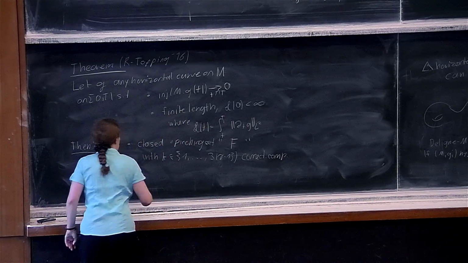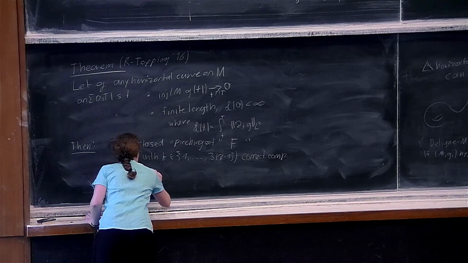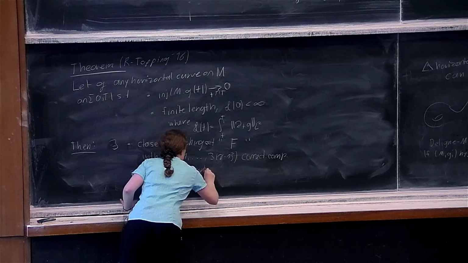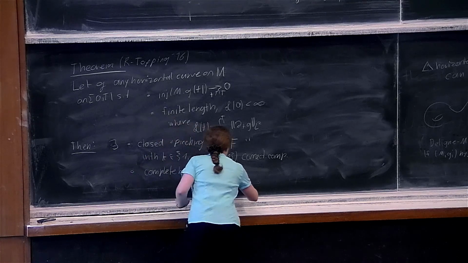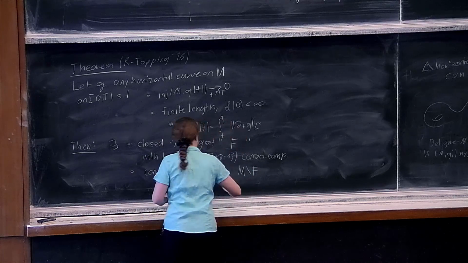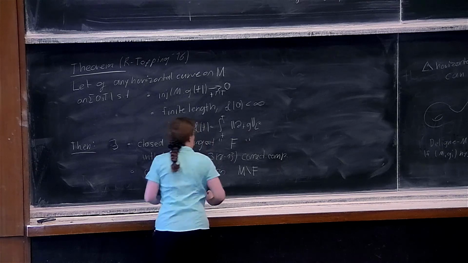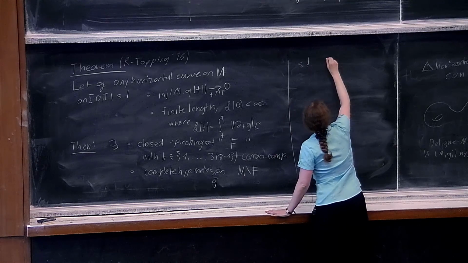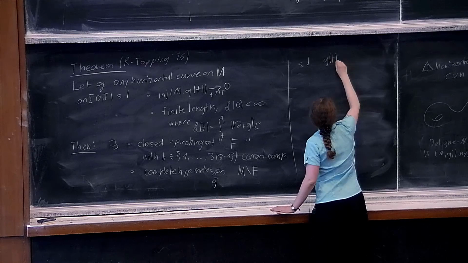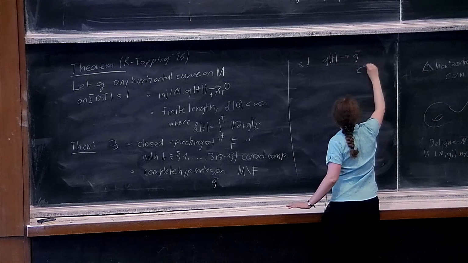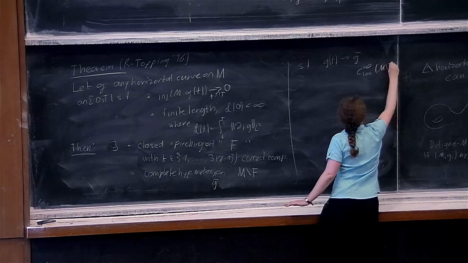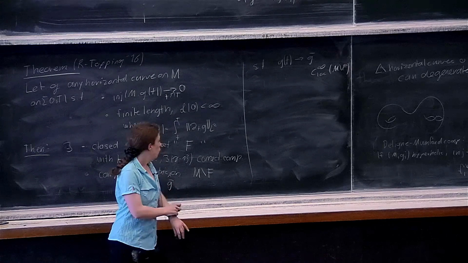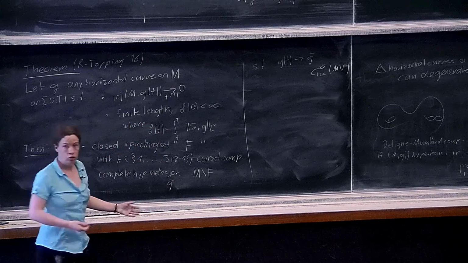There exists additionally a complete hyperbolic metric on the complement of F. So call this G bar on the complement, such that G of t converges to G bar smoothly locally on M without F, so without pulling back by diffeomorphisms. That's the first part. Now what is this set and where do we converge?